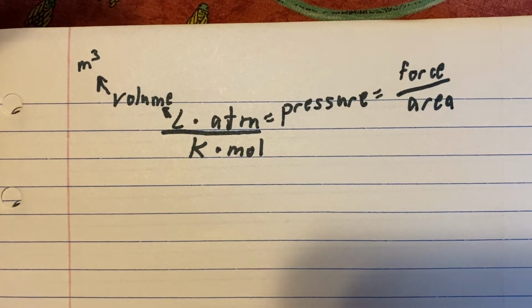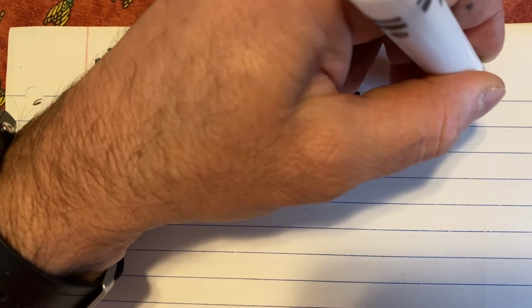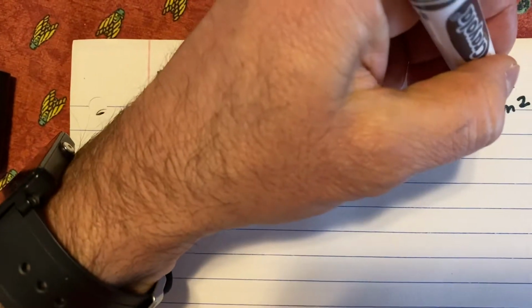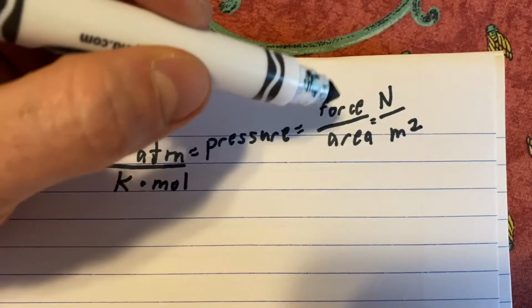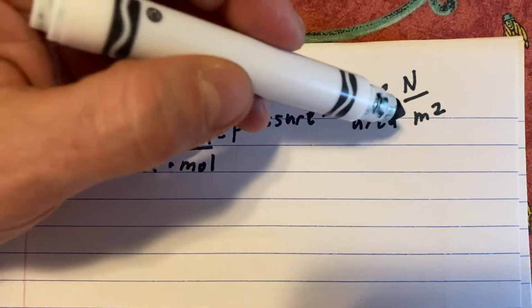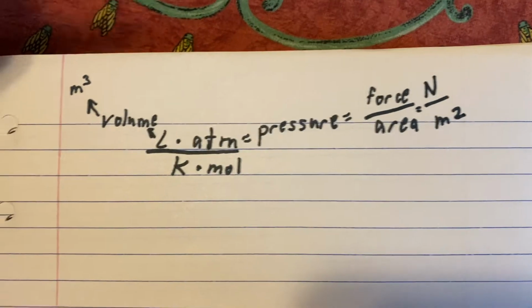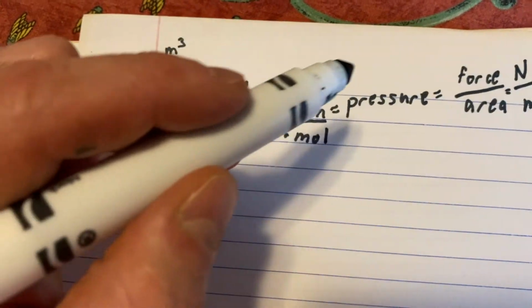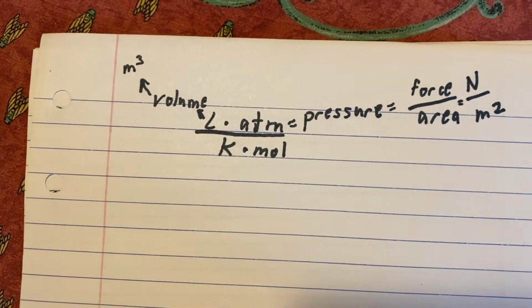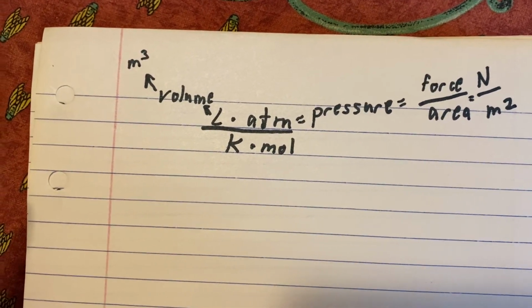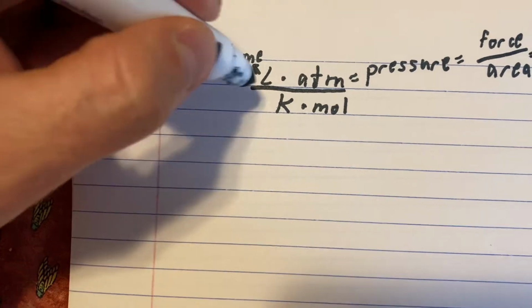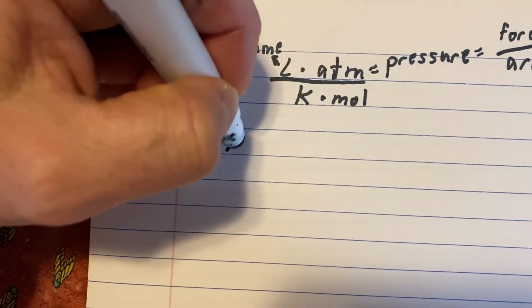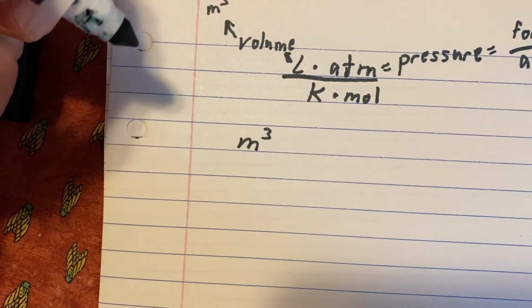And the way that we measure force is by newtons, and area is square meters. So Newton is the base unit of force. Meters squared, that's how we measure area. So I'm going to rewrite liters in its base units, and I'm going to rewrite atmospheres in its base units of Newton per meter squared. Okay. So what I will get is the liters turn into cubic meters.